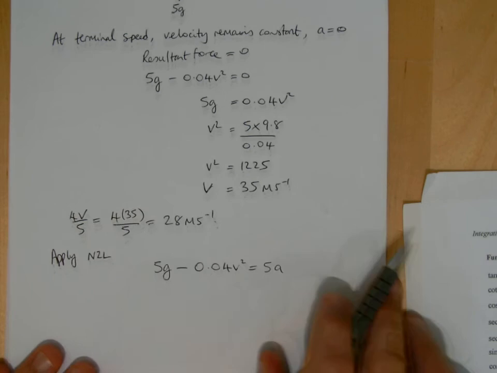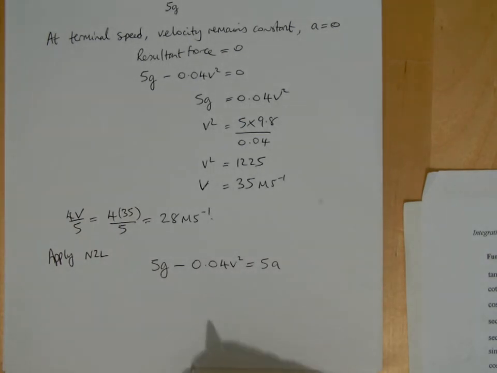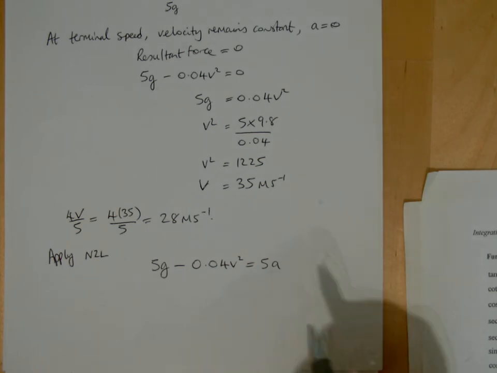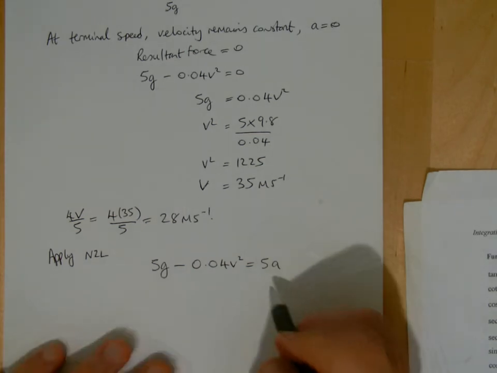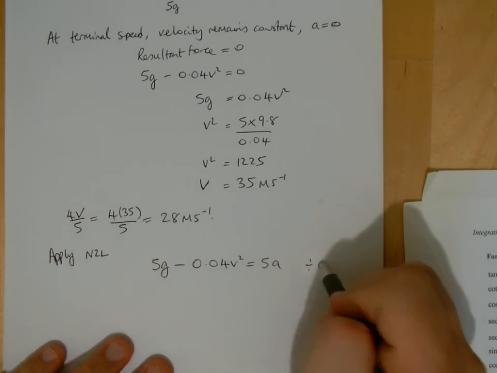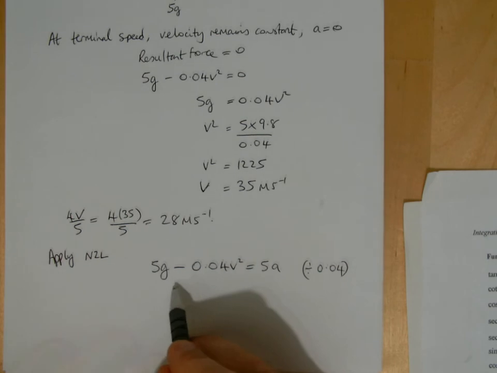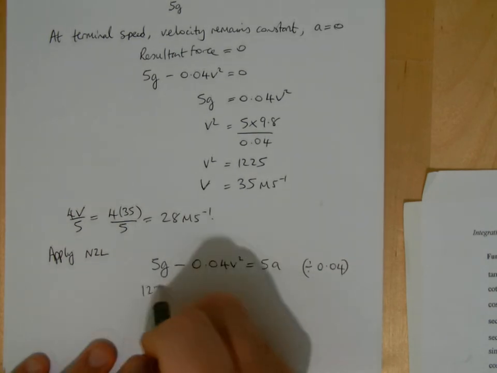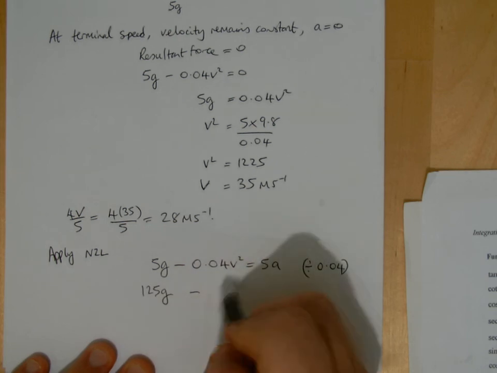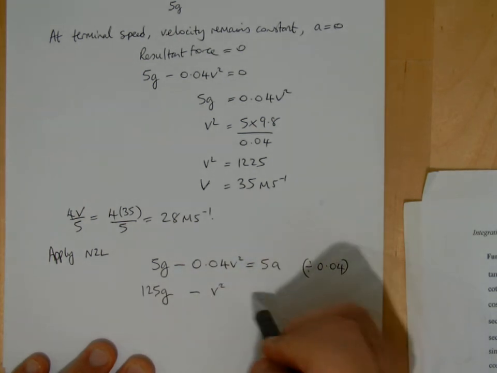So when you've got this here, what I would do now is think about getting the number in front of that v squared to be 1. In order to do that, all you need to do is divide through by 0.04. So if you divide through by 0.04, you will get 125g here, and that will just become v squared then.